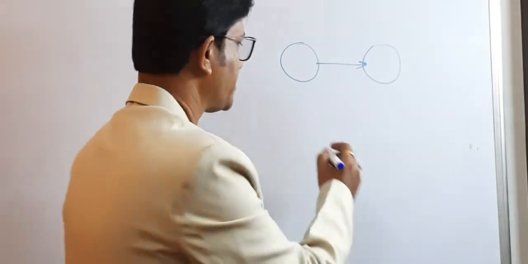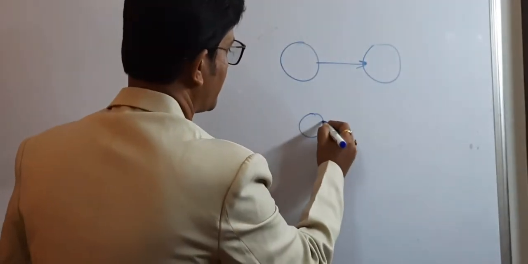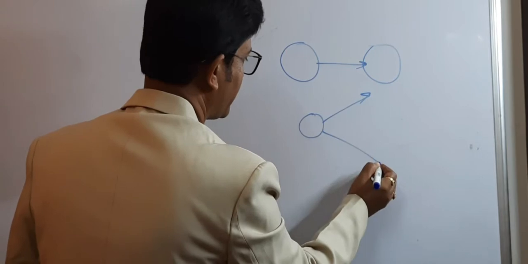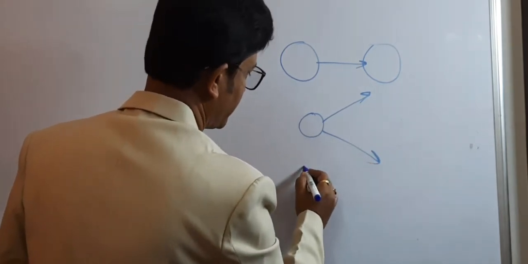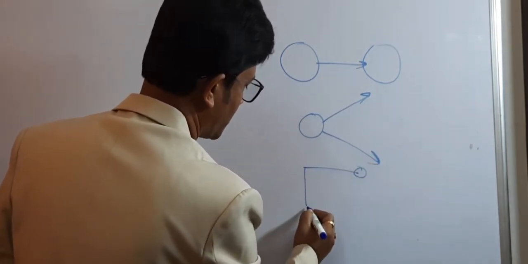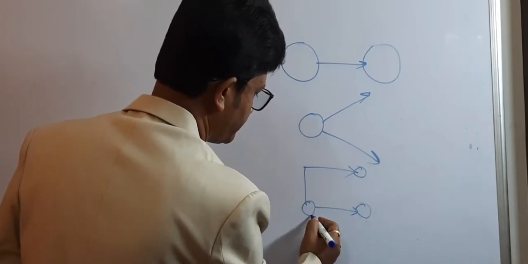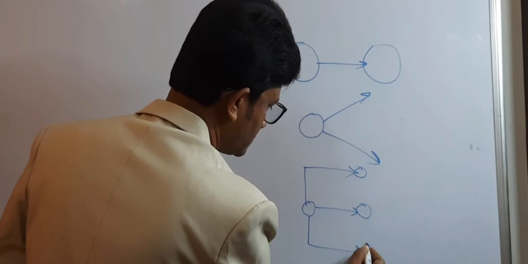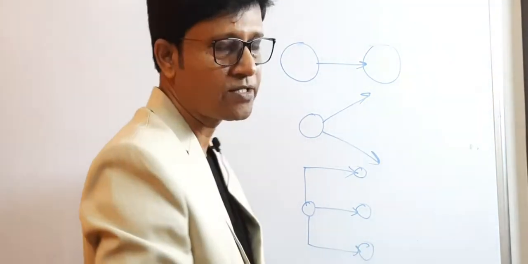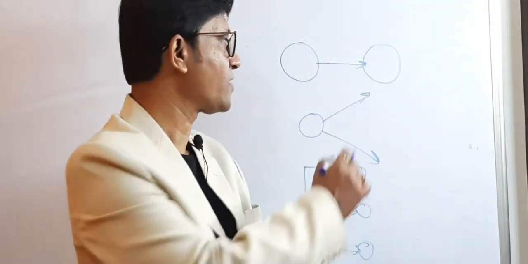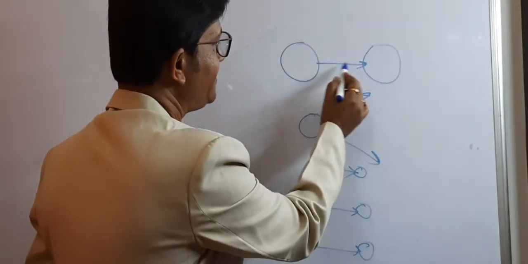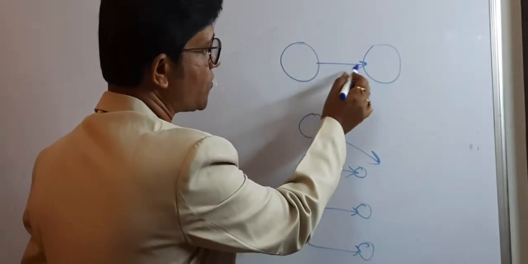And the formats of arrows are the arc format, the slope format, and the staffing format. And the third point is that the length of the arrow does not have any resemblance with the duration of the activity.